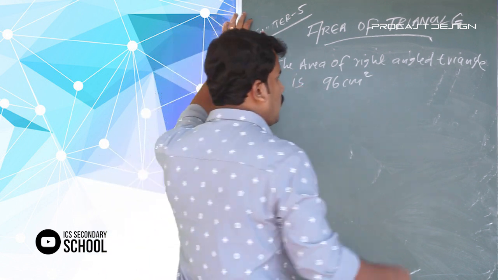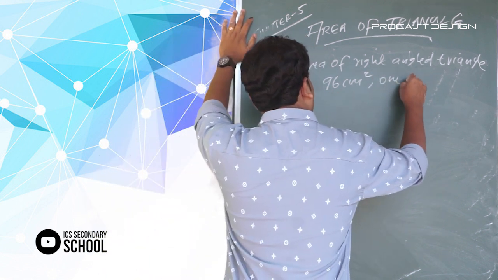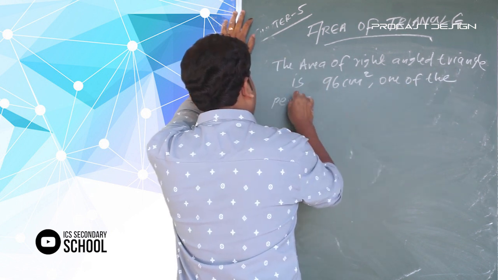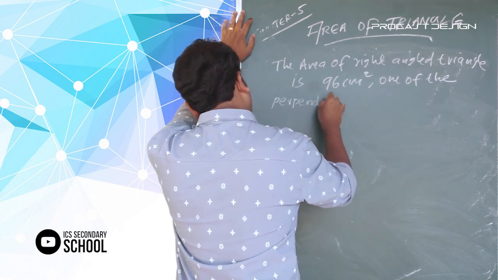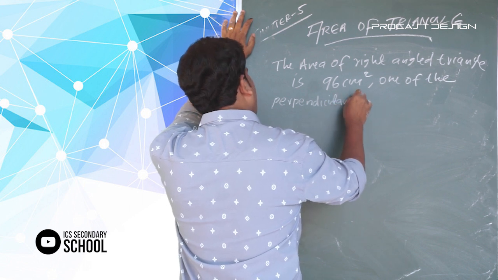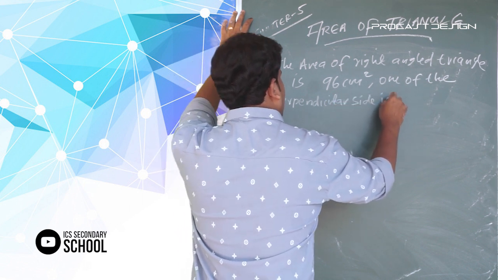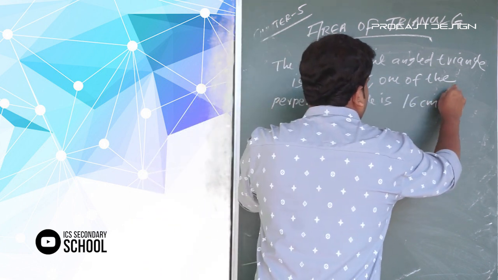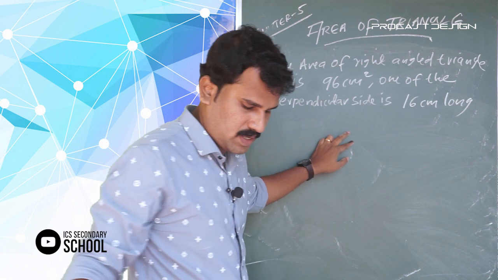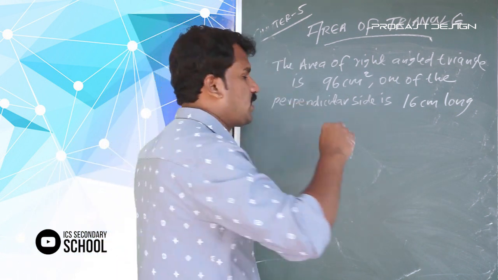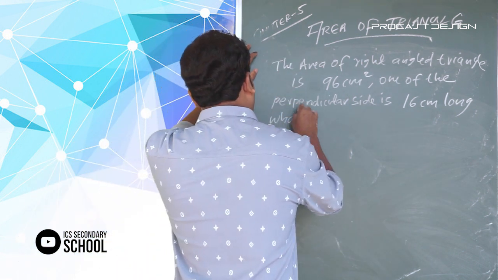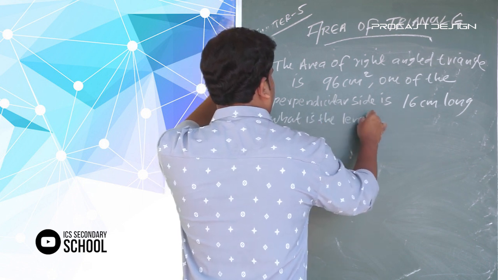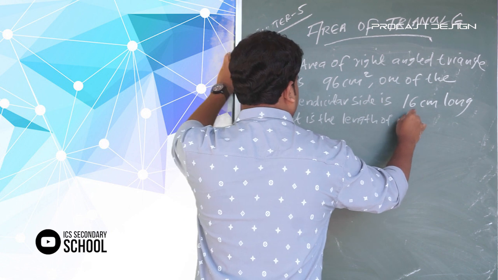One of the perpendicular sides is 16 centimeter long. Then what is the length of the other side?